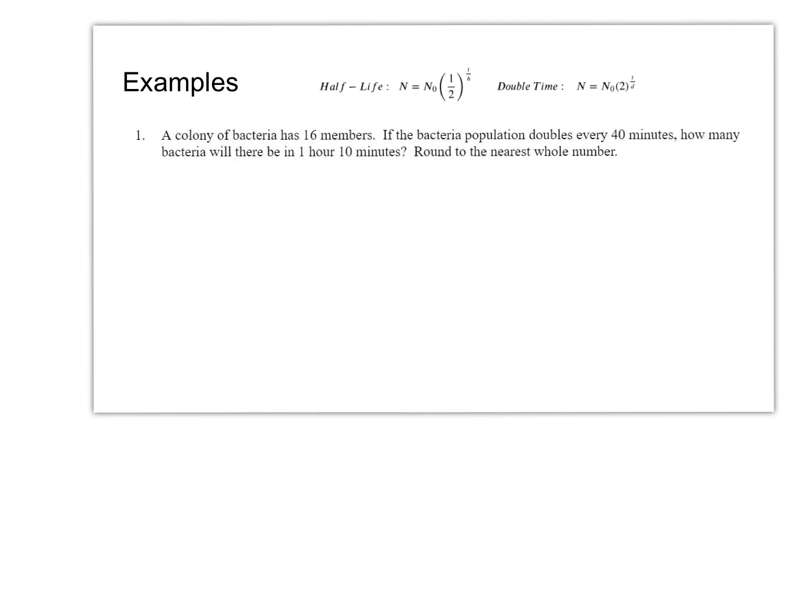A colony has a bacteria of 16 members. So that's our N0, that's our starting point. And because it says doubles, this is my N0. The bacteria population doubles every 40 minutes. That's my D. How many bacteria will be in the colony after an hour and 10 minutes?